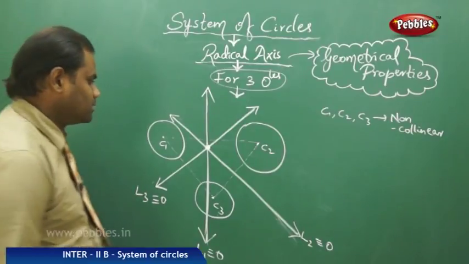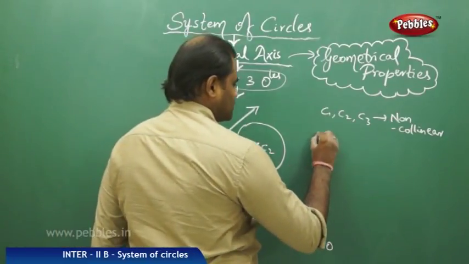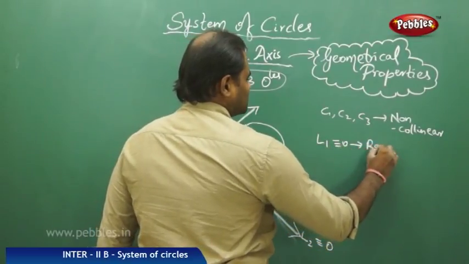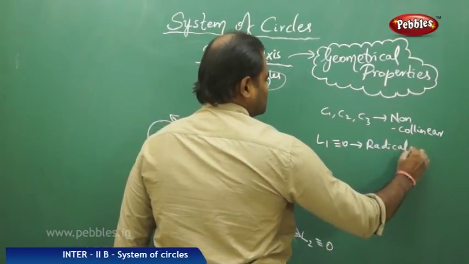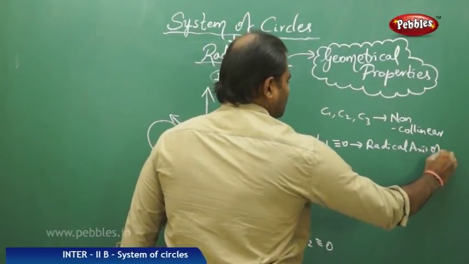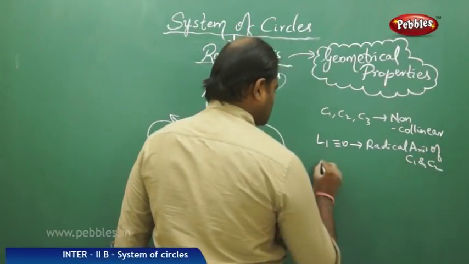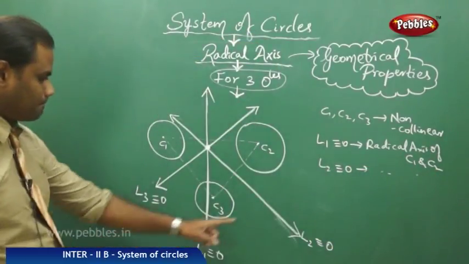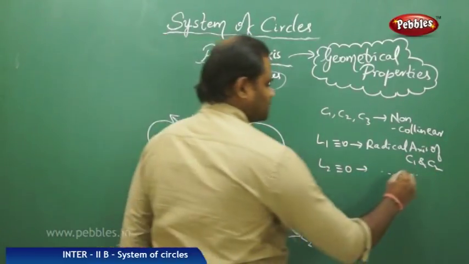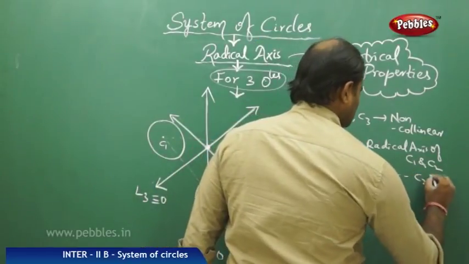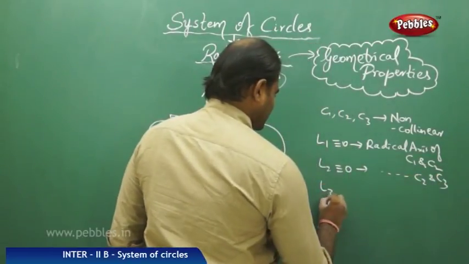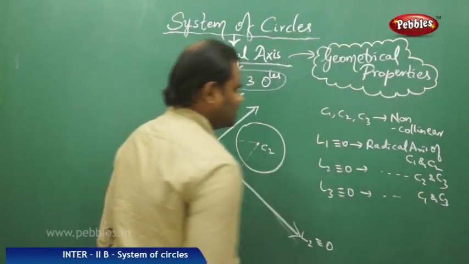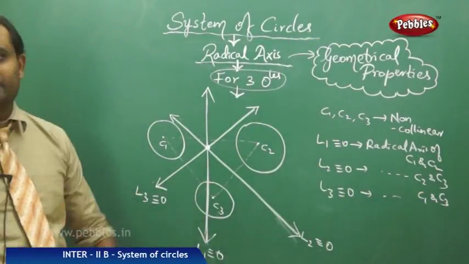If L1 is the radical axis of C1 and C2, L2 is the radical axis of C2 and C3, and L3 is the radical axis of C1 and C3, then all three are concurrent.